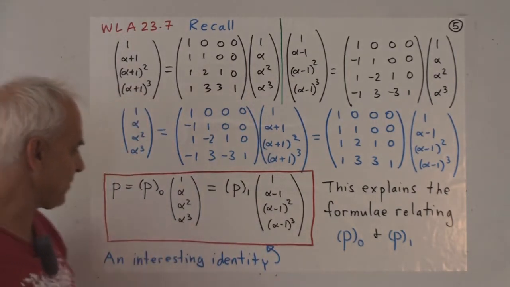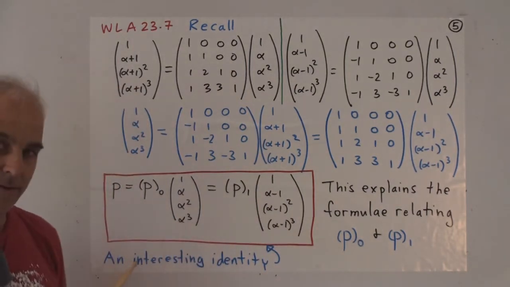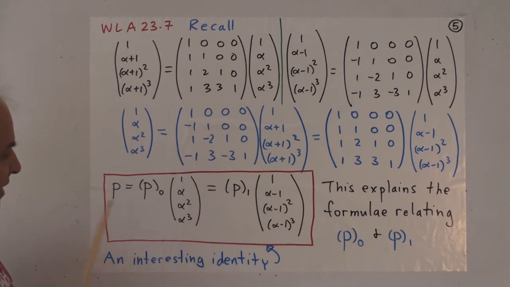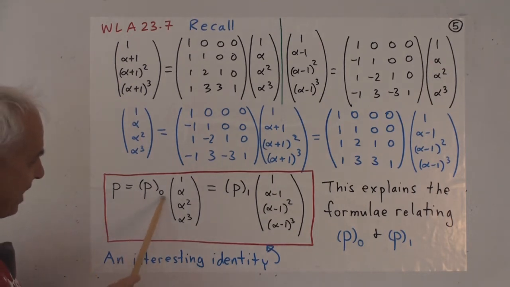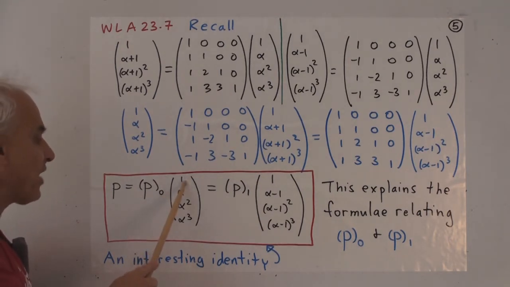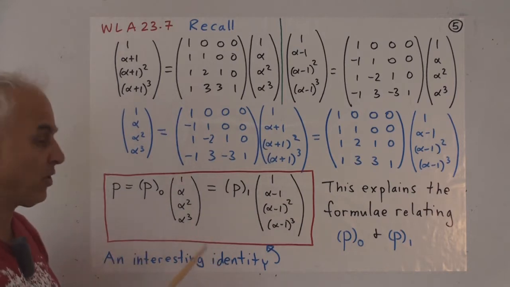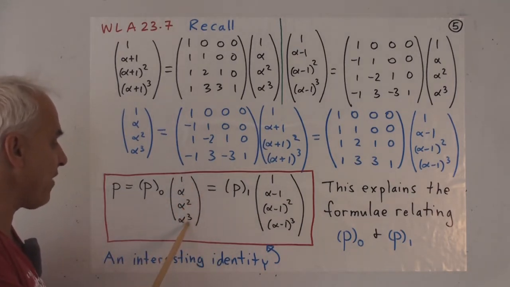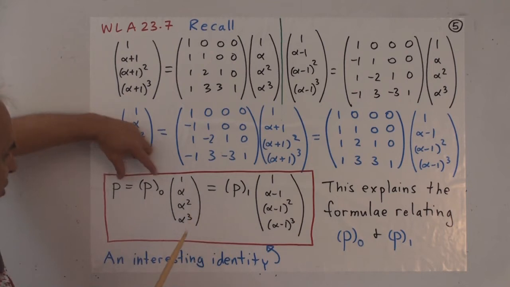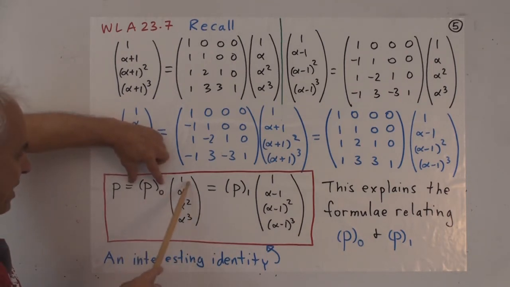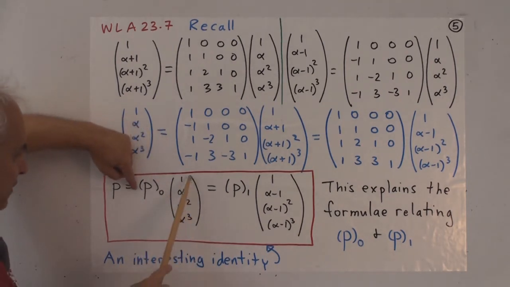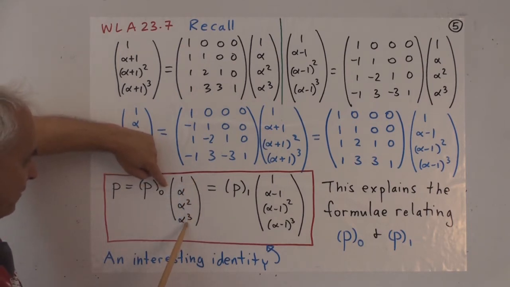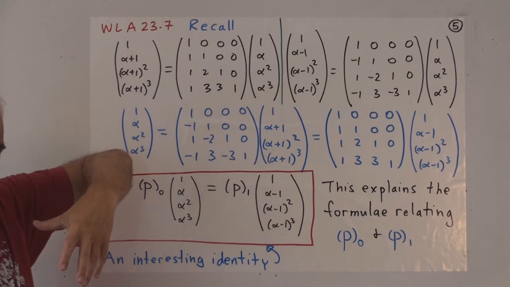So the reason is this. If you take a polynomial p, then you can think about it as being the product of the vector of coefficients at 0 with this column vector of powers of alpha. Because when you multiply a row vector by a column vector, you take the product of the first entries, then the product of the second entries, the product of the third entries, the product of the fourth entries, and add them all up.